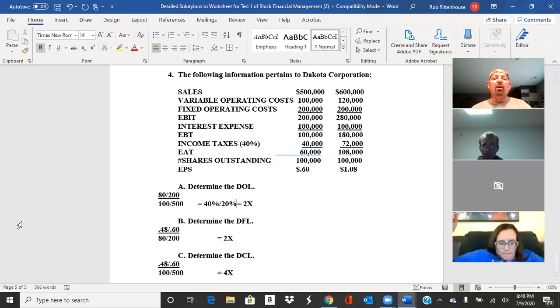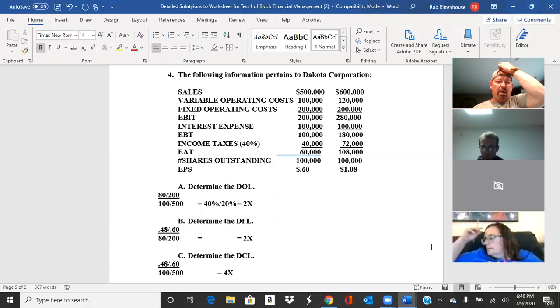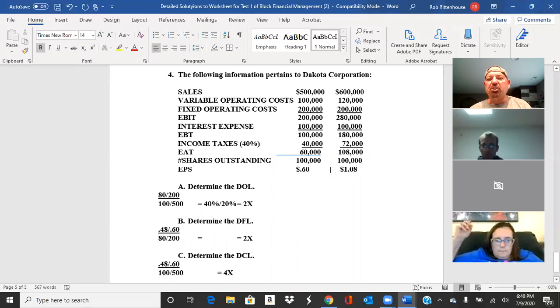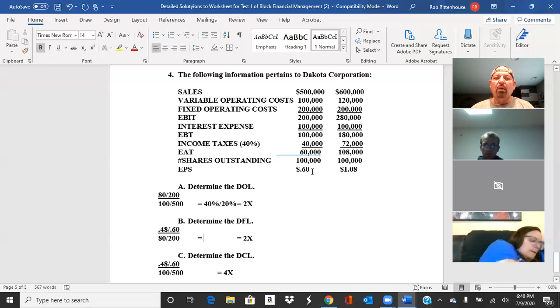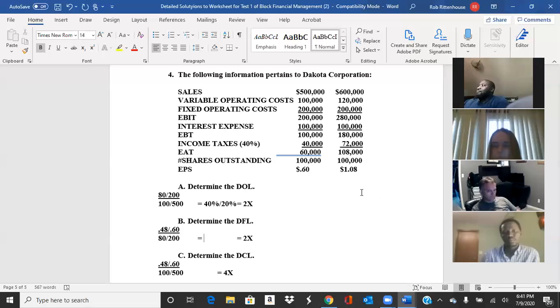Okay? Now, we do the same thing for the degree of financial leverage down here. We take the percentage change in earnings per share divided by the percentage change in operating profit. So earnings per share went from 60 cents up to $1.08. So that's a 48-cent increase in earnings per share on 60 cents to begin with.